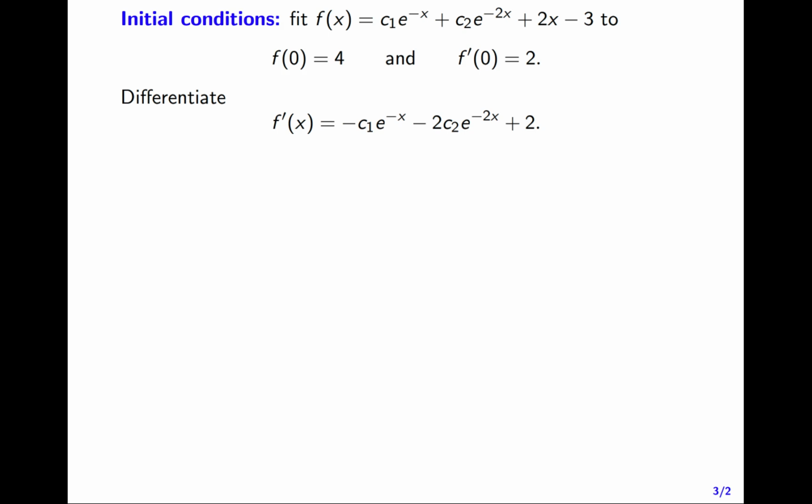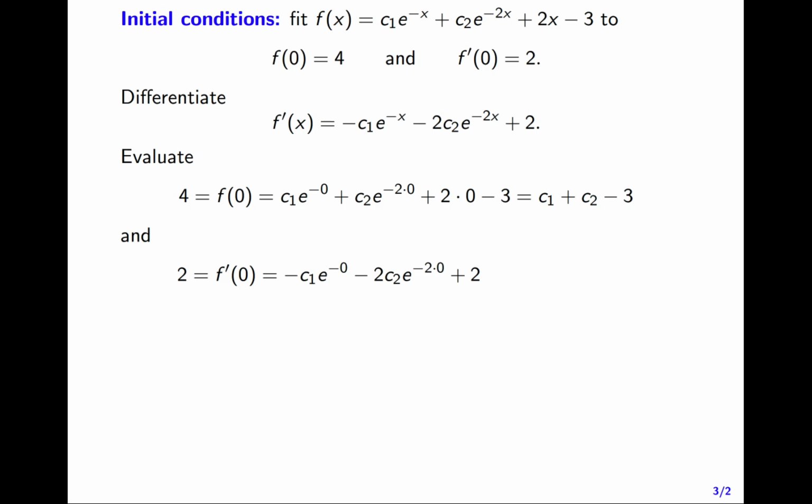First of all, f prime of x is going to be minus c1 e to the minus x minus 2c2 e to the minus 2x plus 2. And then I want 4 to be equal to f of 0, so that's c1 e to the minus 0 plus c2 e to the minus 2 times 0 plus 2 times 0 minus 3. And that just becomes c1 plus c2 minus 3.